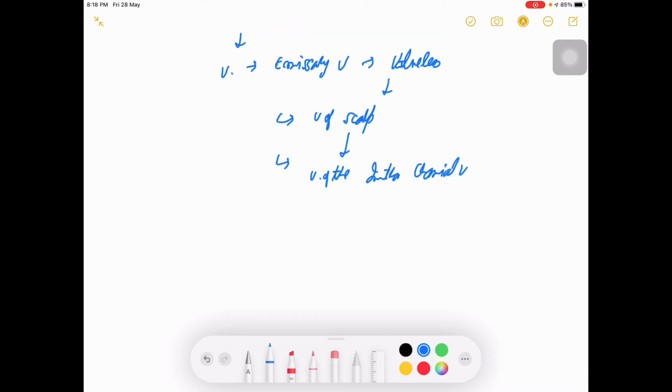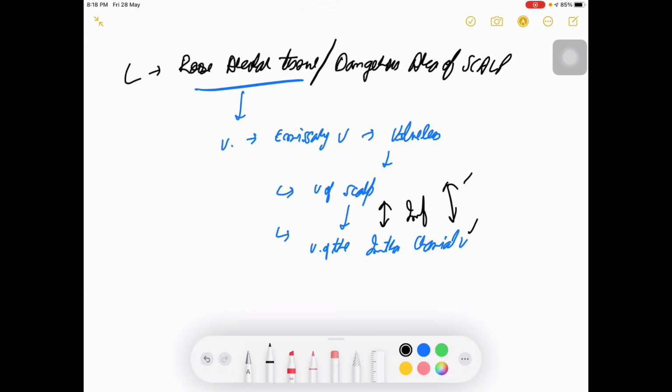So these veins act as a tube that allows the blood to travel in both directions, because it is valveless. It all depends upon the pressure gradient in which direction the blood flows. Hence, the infection can spread from here to here or from here to here. That's why this area is known as the dangerous area of the scalp.